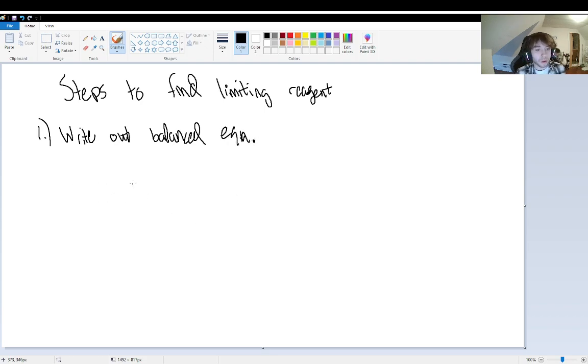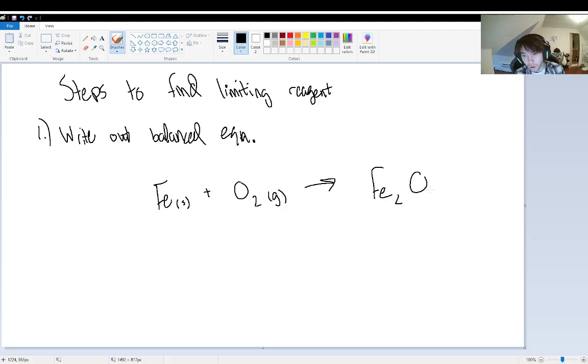And let's say we have an equation like this. We have iron solid plus oxygen gas gives us Fe2O3. This is known as rust. And the first thing we want to do is balance the equation.